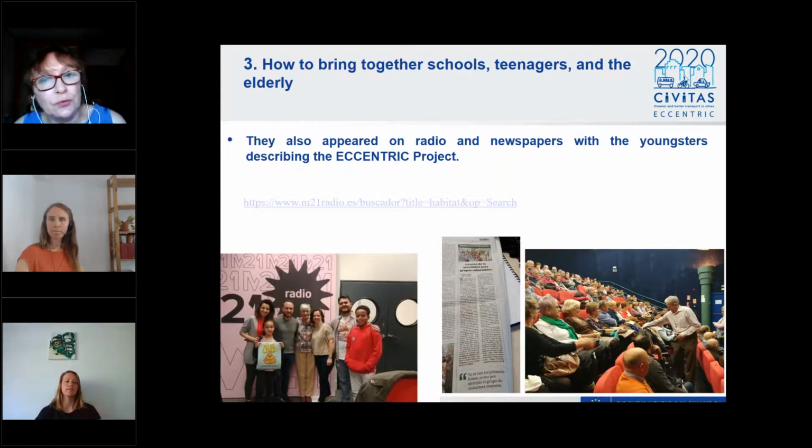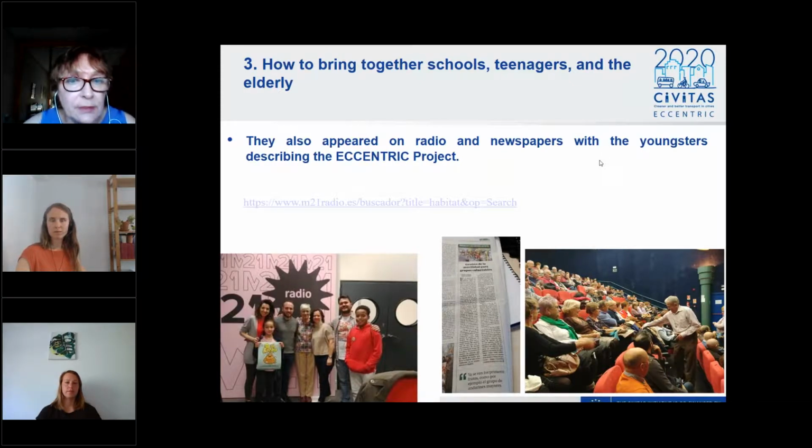Also, they appeared on radio and in newspapers with the youngsters describing the Eccentric project. You can see here the cultural center, a lot of people, maybe 200 elderly people.